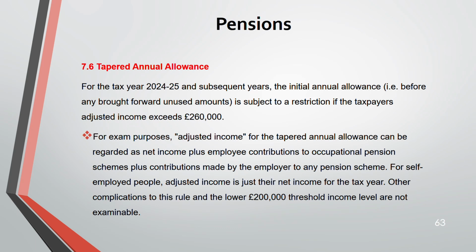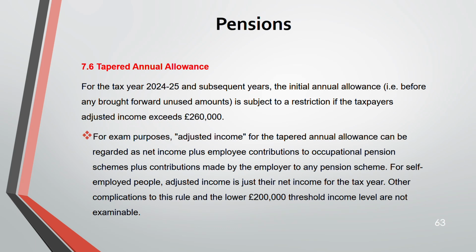There are two adjusted incomes now. We have studied adjusted income somewhere else while calculating the personal allowance, and somewhere else, the restriction of 50,000 and 25% of adjusted income.